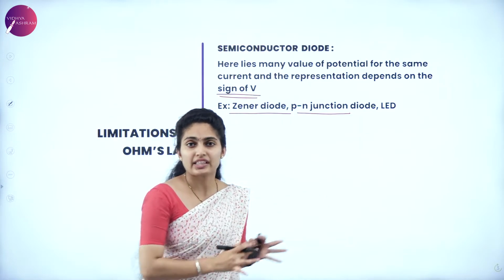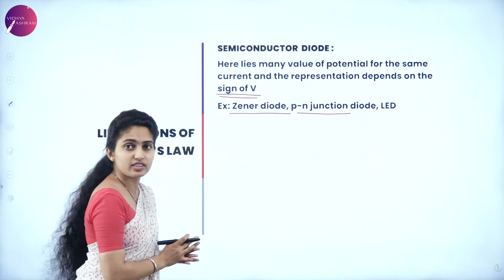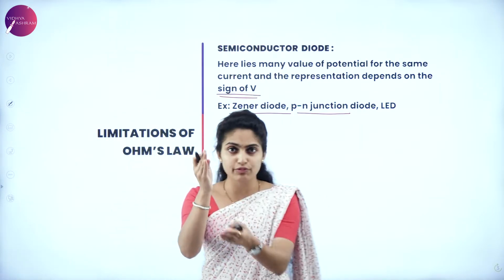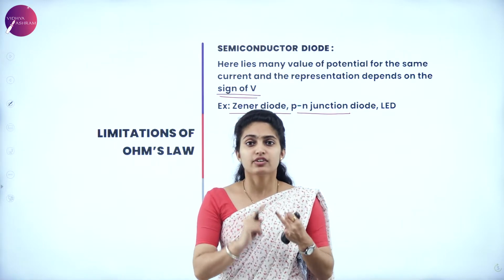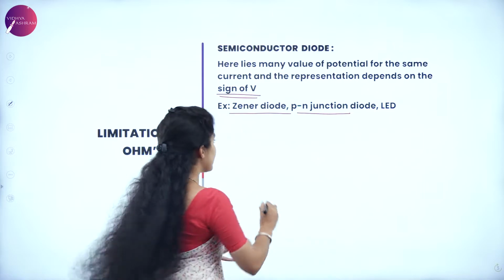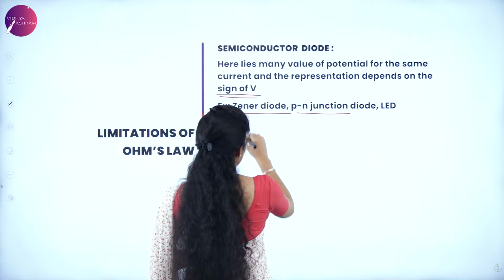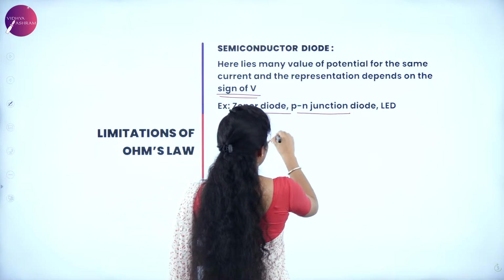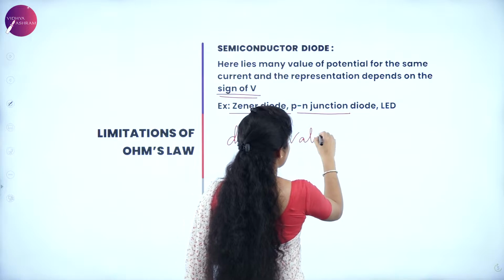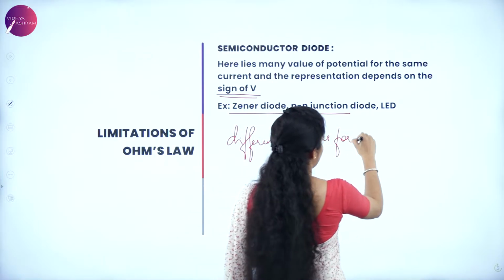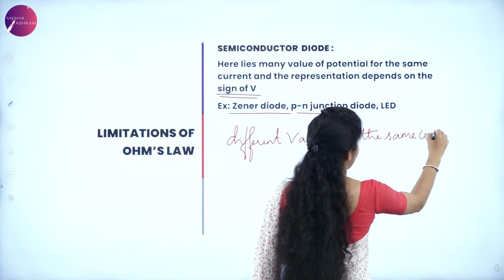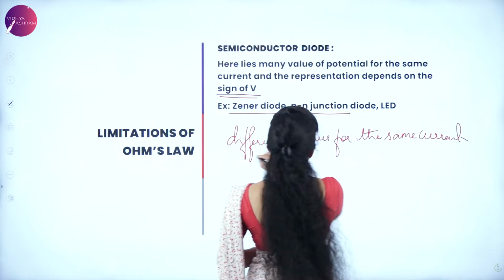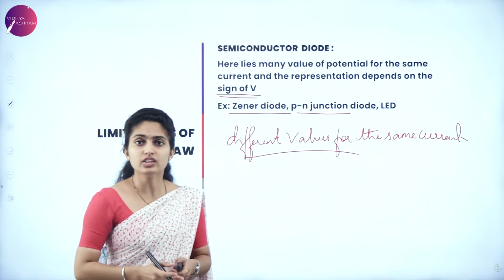In the case of a semiconductor diode, when you draw a graphical representation of potential difference versus current, it has different values for the same current. So that is all about the semiconductor diode.